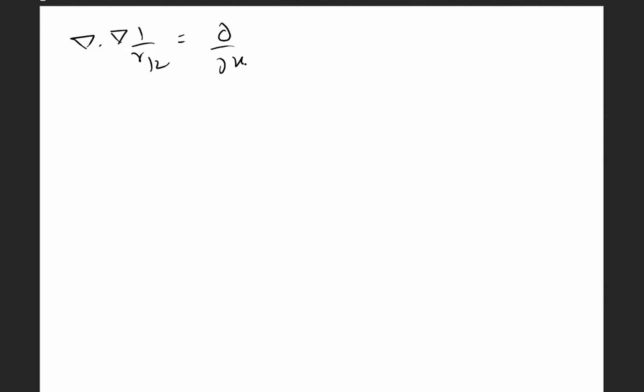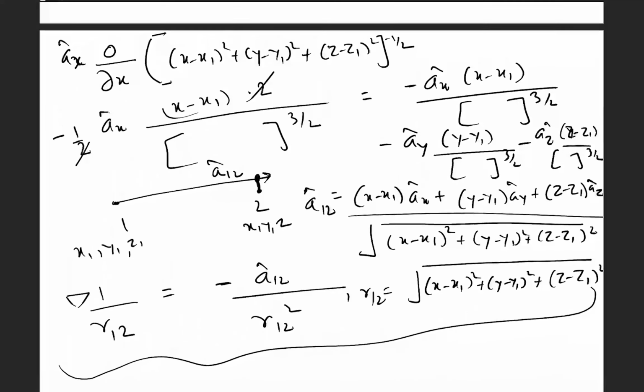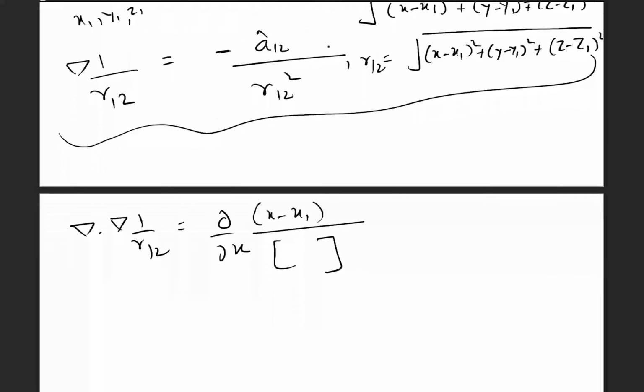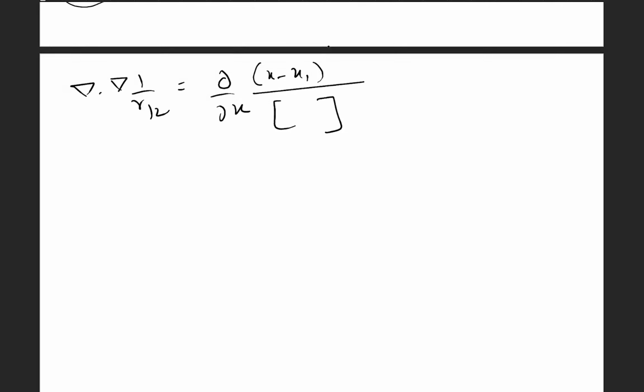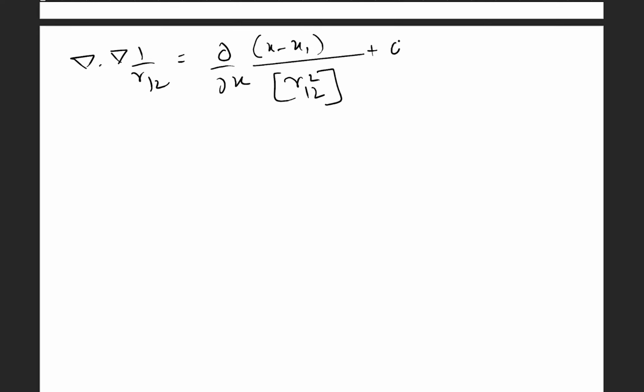Dou by dou x of (x minus x1) over r12 cubed, as we could see in the previous slide, plus dou by dou y of (y minus y1) over r12 cubed, plus dou by dou z of (z minus z1) over r12 cubed.